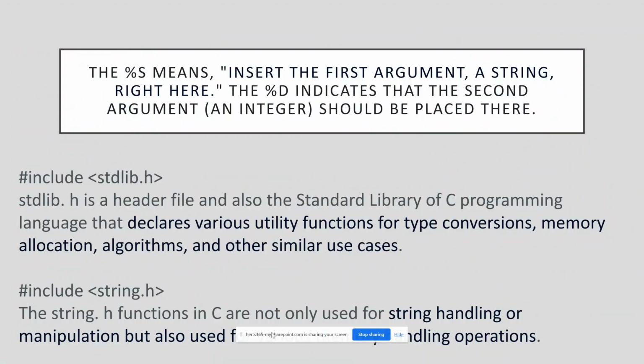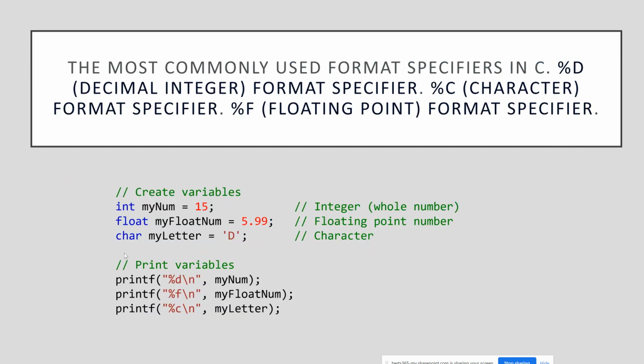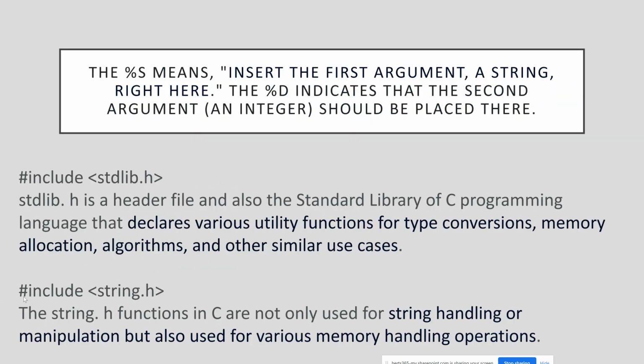So there are also libraries I need to talk about with you. There's a library we have called stdlib, the standard library of the C programming language. We use it to declare utility functions for type conversion, memory allocation, algorithms, and other similar uses. And we also have another library called string.h, which we use to handle string manipulation and also other memory handling operations.